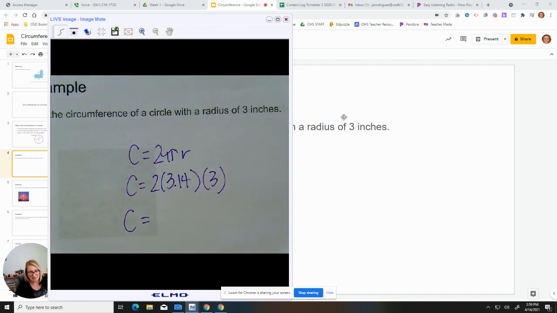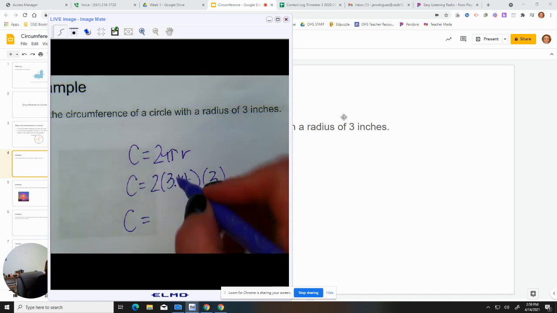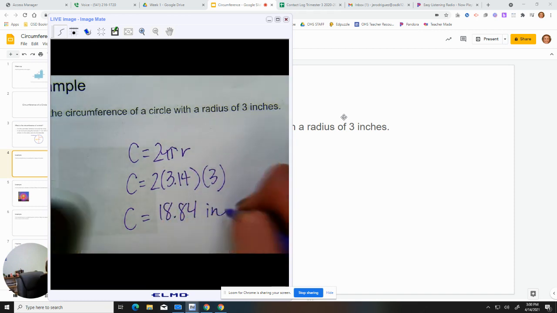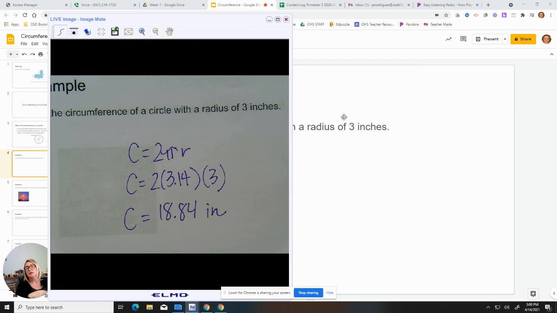So that means it is simply just a multiplication problem at this point. 2 times 3.14 times 3 gets me 18.84 inches. Again, circumference is like perimeter, so it's one-dimensional. So we don't have squared inches, it's just singular.